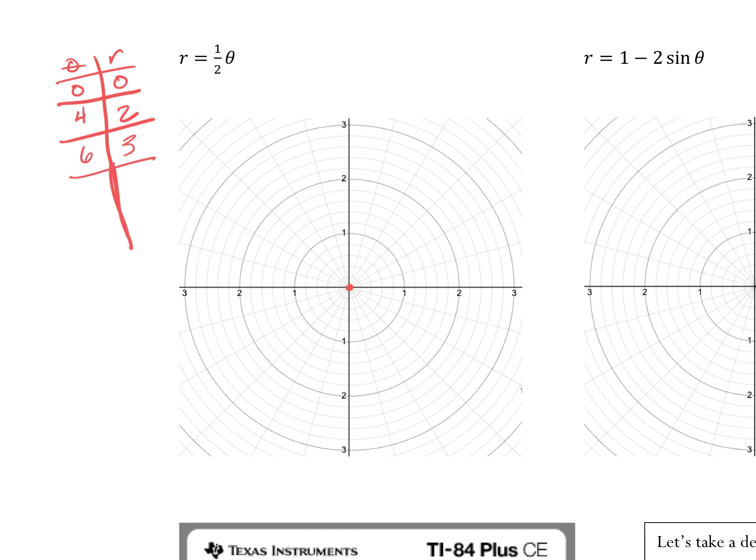Okay, what are you guys seeing? It's 1/2 of the other value. Okay, so as the angle increases, so does the radius. So start visualizing, what would that look like? An outward spiral. It's not a Fibonacci spiral, but it is a spiral.